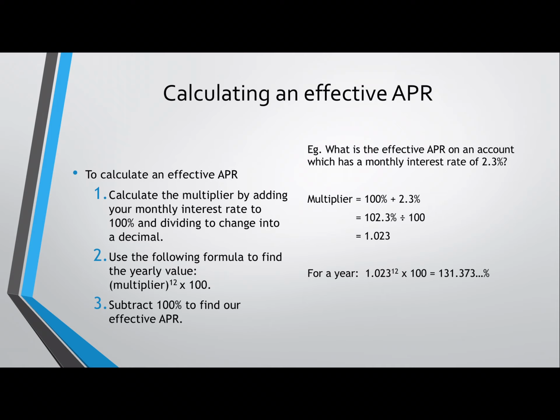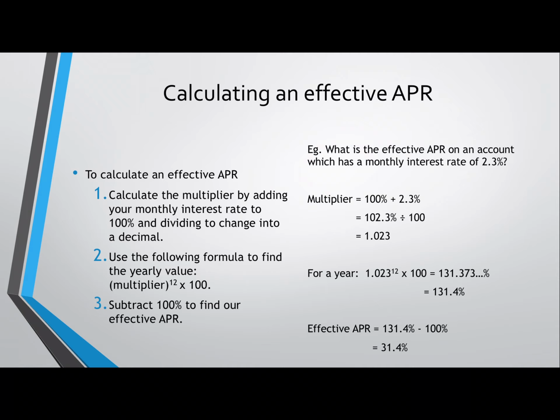So for a year, that comes out as 131.373%, or if we round, 131.4%. If we subtract the 100 again, we get our effective APR, which is 131.4 take away the 100, so 31.4%.